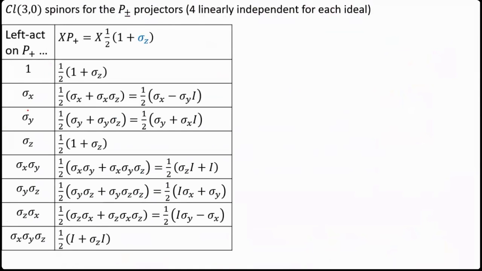So I have the 8 basis elements here: scalar, 3 vectors, 3 bivectors, and 1 trivector. And x is just whatever these things are. Then I act from this side using P plus. This is going to give a left ideal because we're multiplying x on the left. So 1 times P plus just gives P plus.